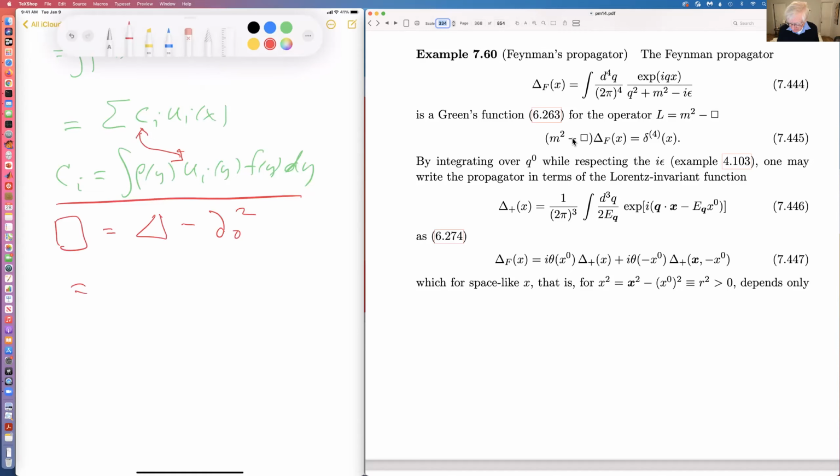So this is the divergence of the gradient minus the second time derivative, where d0 is just the time derivative, so minus d by dt squared. Okay, so that's what box is.